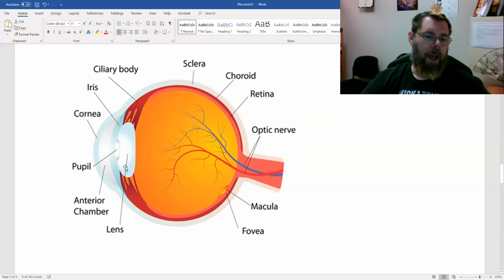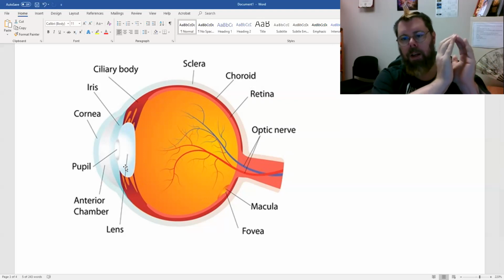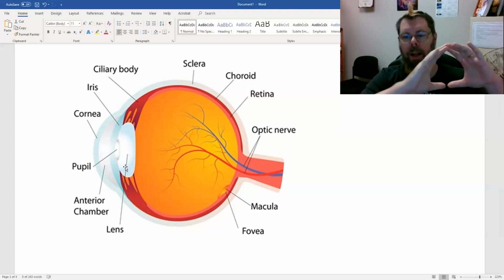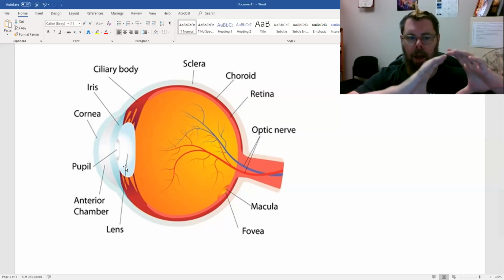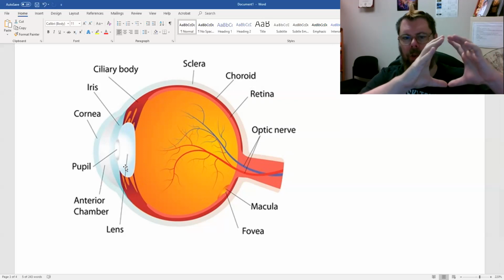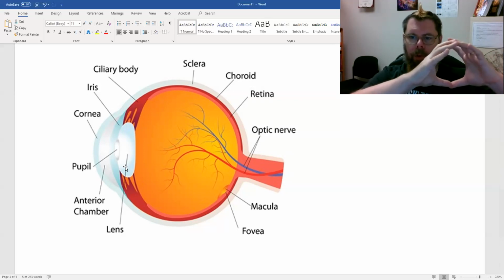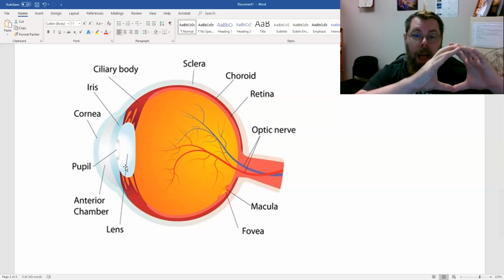And then we have the lens, and the lens is this sort of ovoid shape, and it can distort. If we were looking at it head on instead of from the side, the lens is surrounded by a ring of muscle like this. And that ring of muscles can only contract and relax, right?